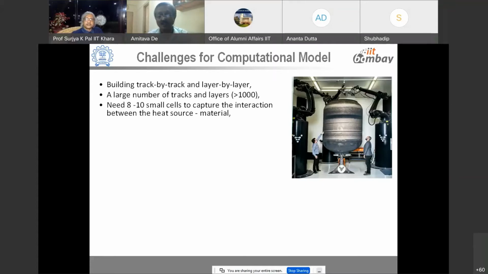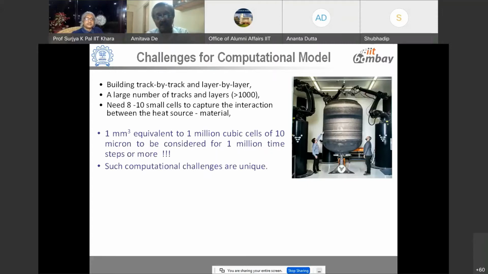And of course, this is a big task. Why is the task all the more difficult, all the more demanding? Now we are talking of very small scale, very small cells, because there would be powders. Powders are melting under a focused laser spot, very small, very fine focused laser. And if we want to understand the interaction between the laser and the material, how it is heating up, how it is melting, of course we need to use very small units for the powders to physically describe the melting process.